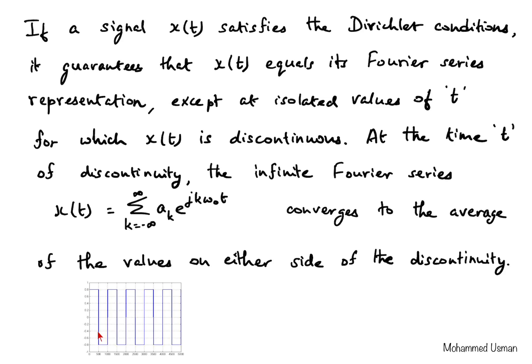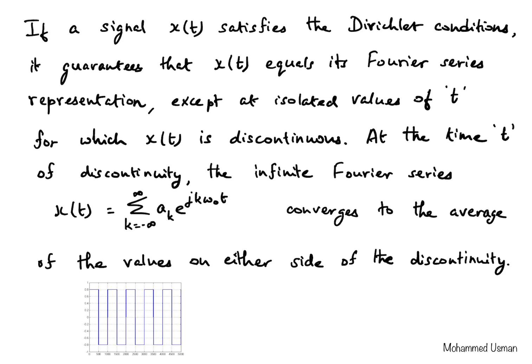So at this discontinuity, on the top side the value is 0.8, and at the bottom side the value is minus 0.8. So at this time of discontinuity, the Fourier series representation of x of t will converge to the average of these two, which is the average of 0.8 and minus 0.8, which in this particular case is 0.